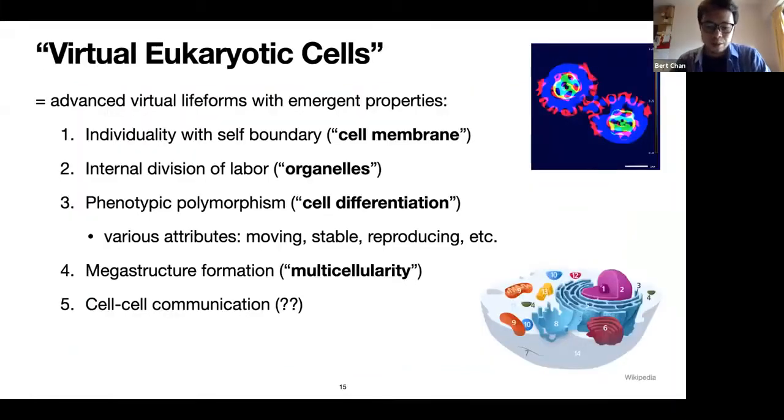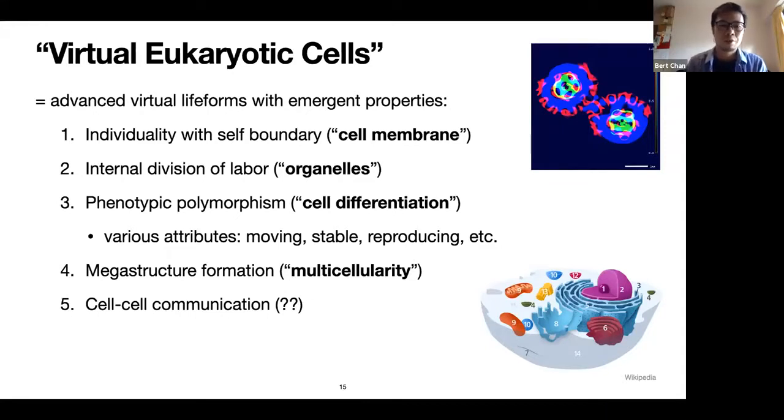So with these emergent phenomena, in some advanced life forms, we can call them virtual cells or even virtual eukaryotic cells. They come with these emergent properties. First, they are individuals that have self-boundaries that look like cell membranes. They have internal divisions of labor that are analogous to the organelles in cells.